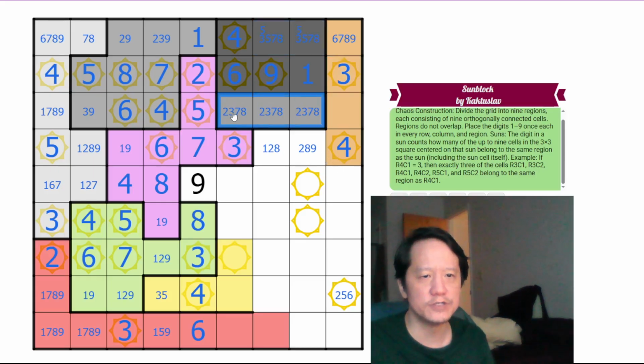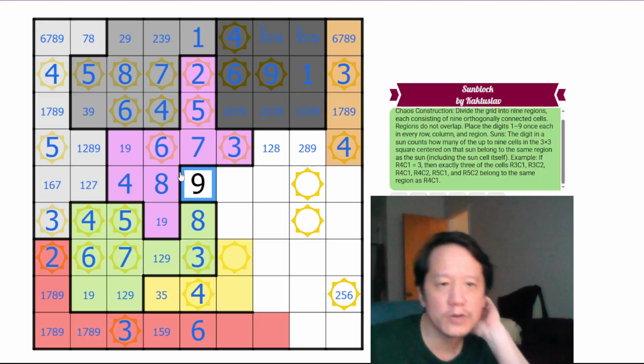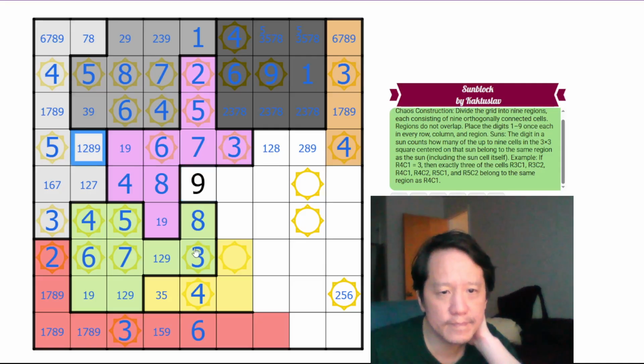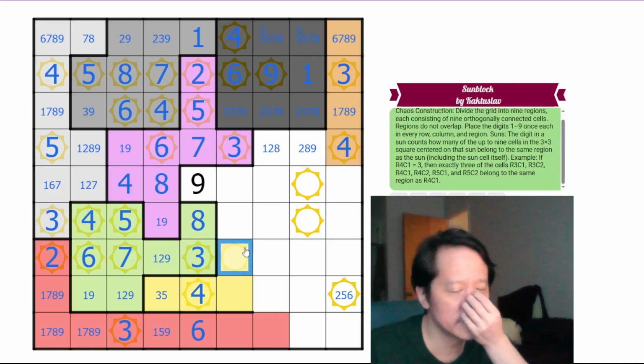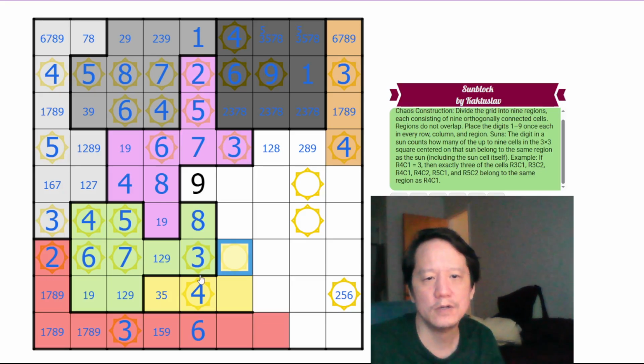That means we're guaranteed a 2 here, so this can't be 2 here. So this cell must be 1, 7, 8, 9 here. Okay. This cannot see 3, cannot be 4.